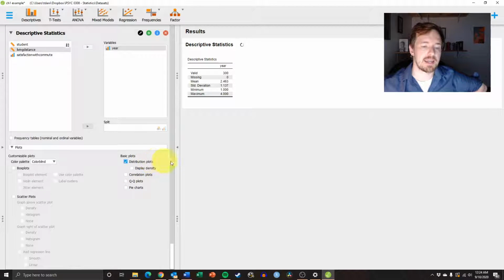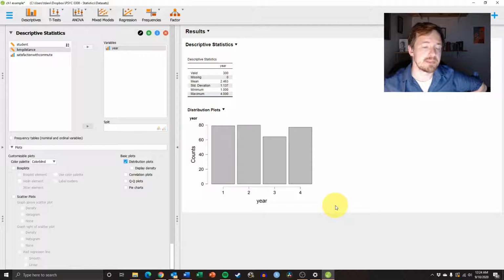We can also look at a distribution plot, but this is where you've got to be kind of careful, in that this distribution plot is basically a histogram, or it could be a bar chart. It really depends, and that's why it's called a distribution plot, because JASP doesn't quite know if your x-axis here is quantitative or qualitative.